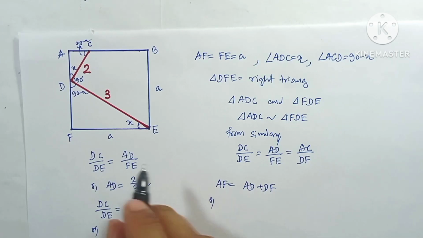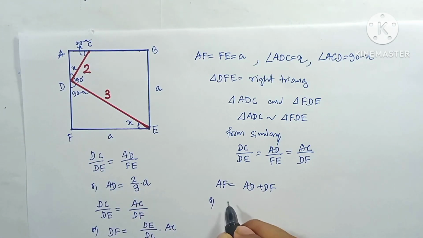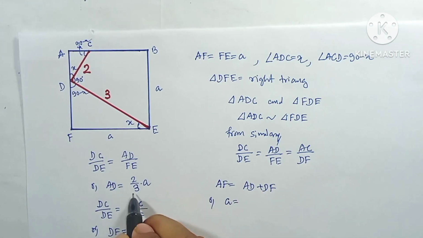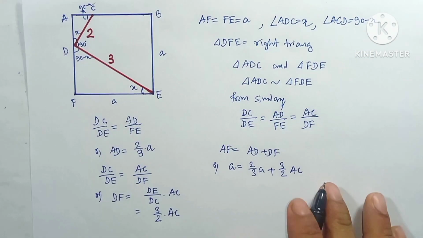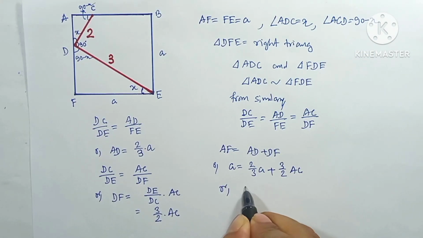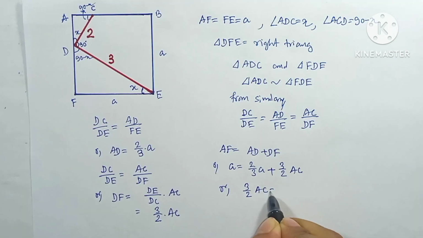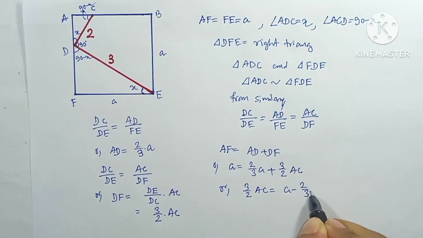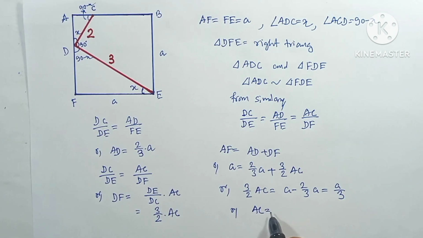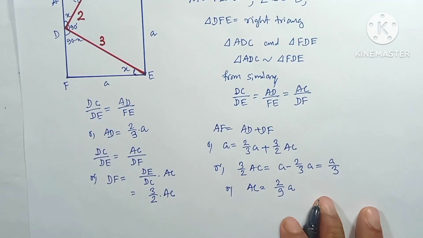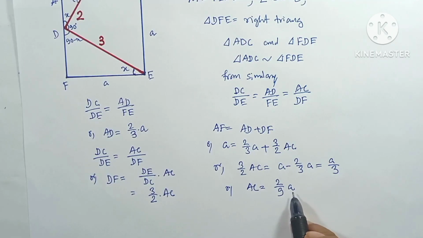So we can write that AF, which is the side of this square, is a, and AD is 2 by 3 times a, plus DF, which is 3 by 2 times AC. By rearranging we can write that 3 by 2 times AC is equal to a minus 2 by 3 times a, which is equal to a by 3, or by simplifying we can write that AC is equal to 2 by 9 times a.